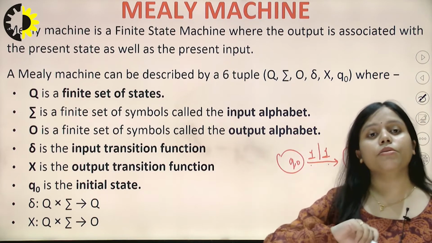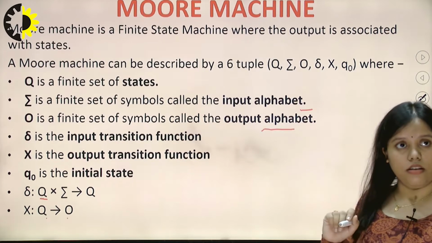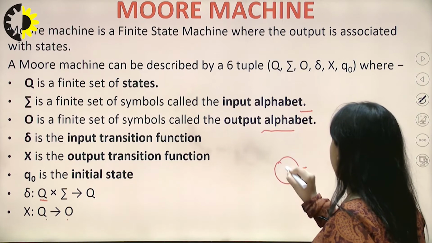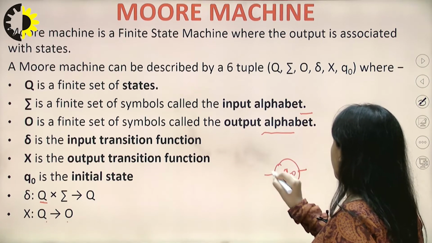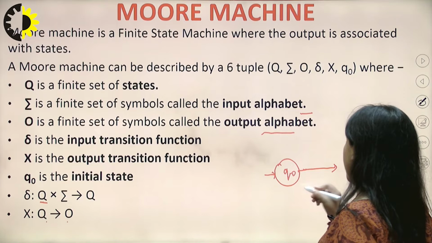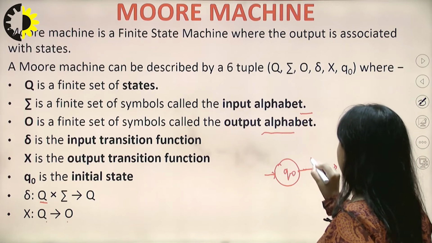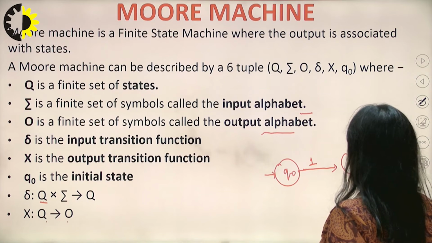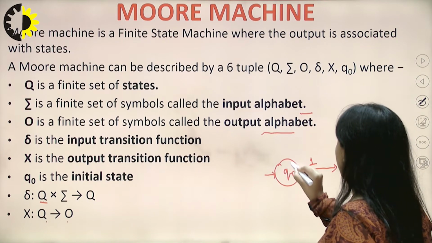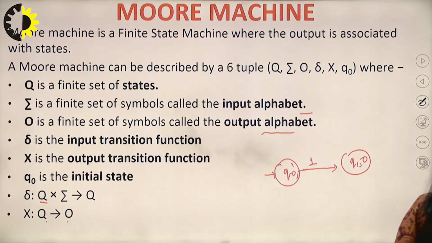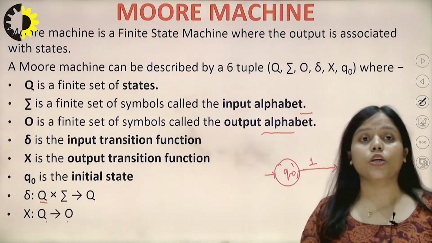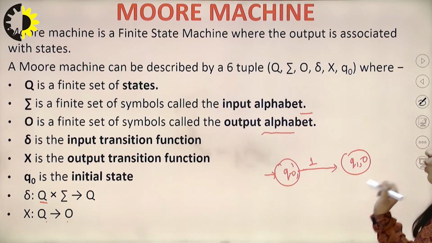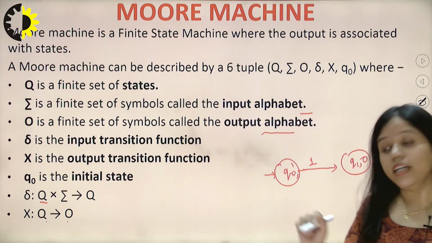Let's see, there is a state Q0 which takes an input 1 and goes to Q1. Let's suppose Q0 has its own output 1 and Q1 has its own output 0. So everywhere Q0 is called the output will be 1, and everywhere Q1 is called the output will be 0.